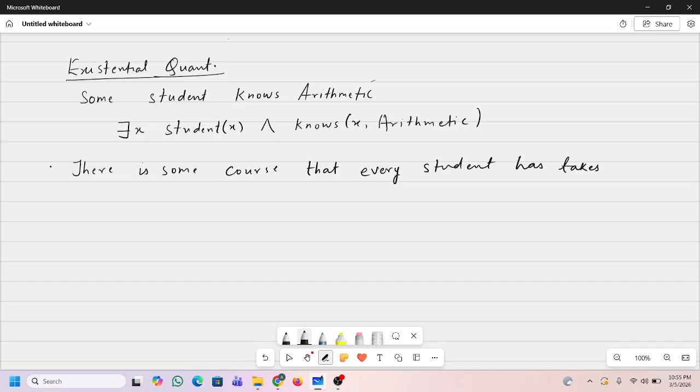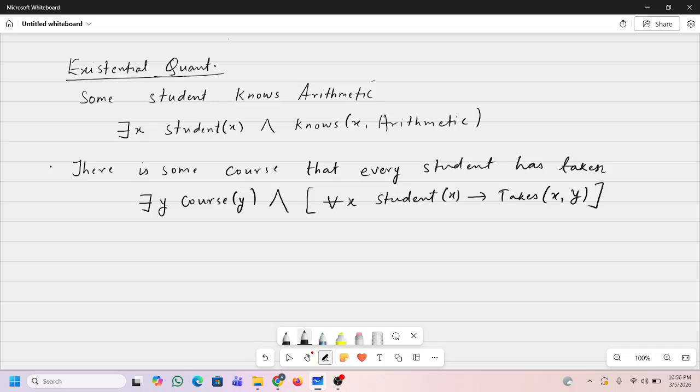There is some course, so obviously there will be an existential quantifier: there exists y, course(y), and then, since every student has taken it, we write for all x, if student(x), then takes(x, y). Here y comes from the existential quantifier.